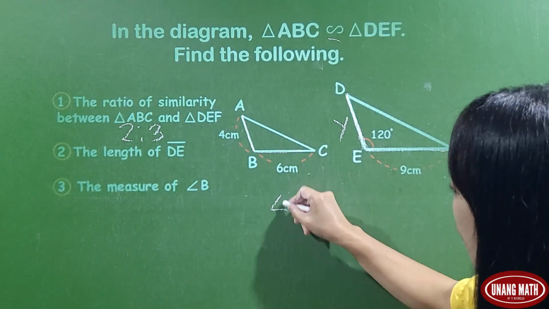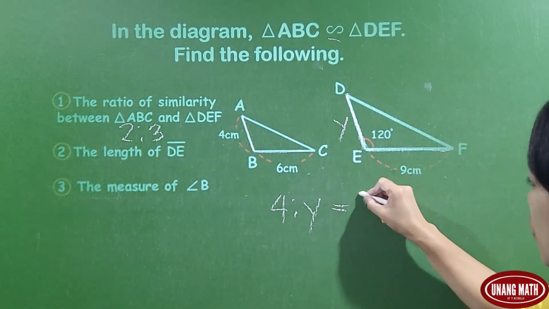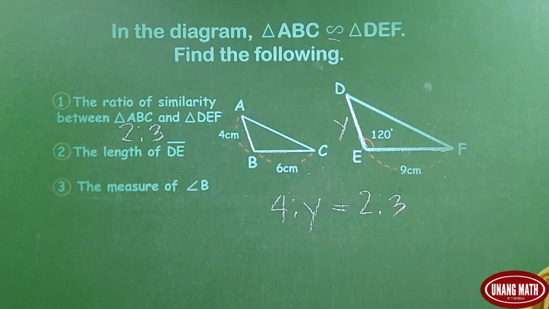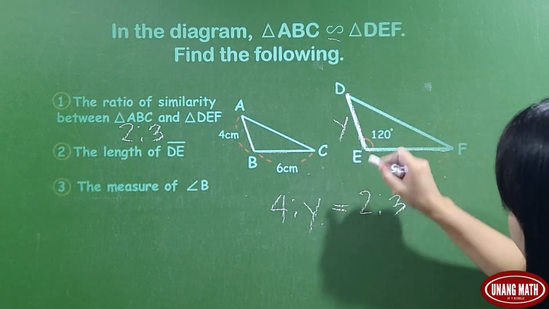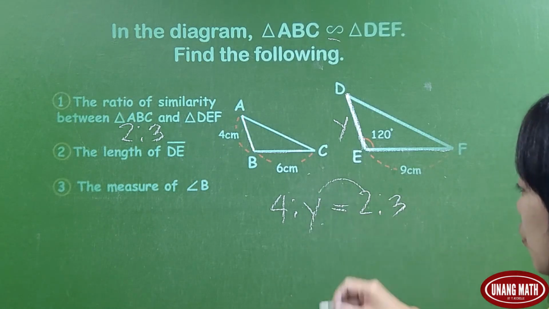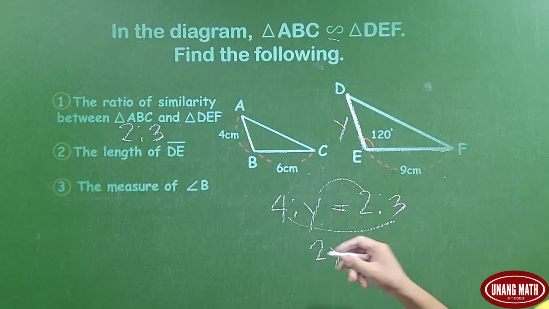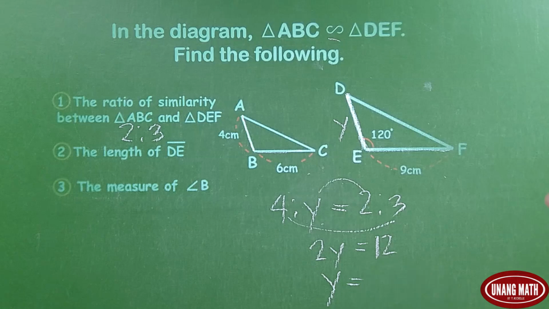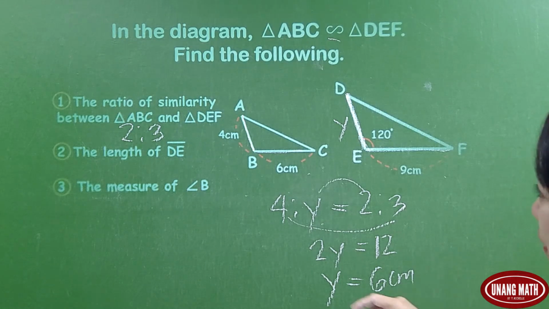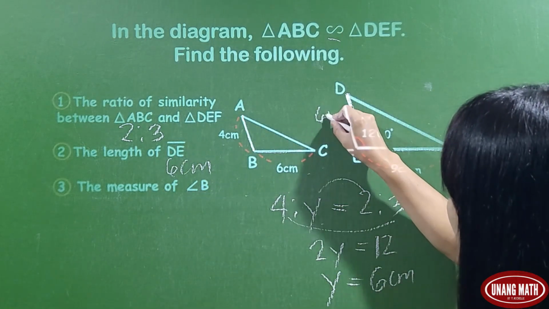So 4 is to Y equals 2 is to 3. To find the length, 2 times Y equals 4 times 3, so 12. So Y is 6. So the length of DE is 6 centimeters.